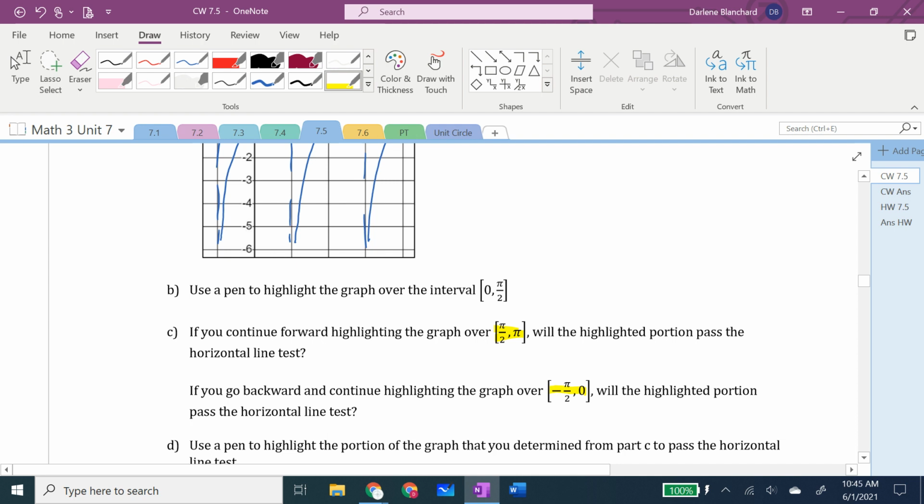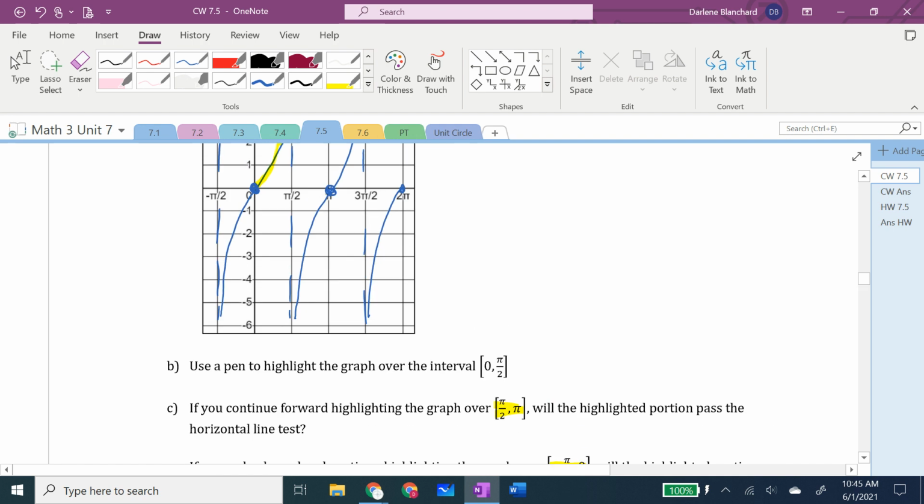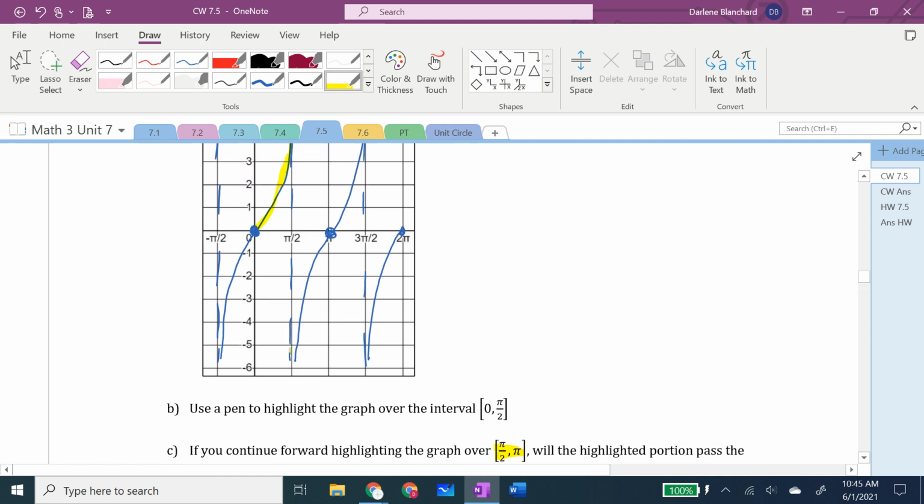It uses one or the other for every single one of these 6 trig functions. Now, if I go forward from 0 to pi over 2, I want you to see that due to the points I just highlighted extra, it does not pass the horizontal line test. I'm going to erase that.